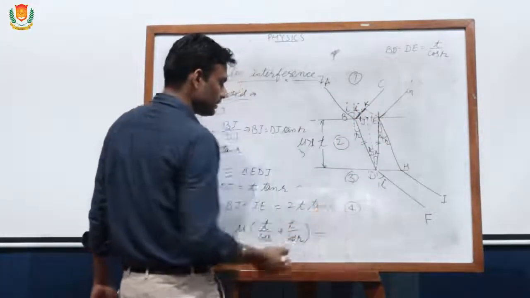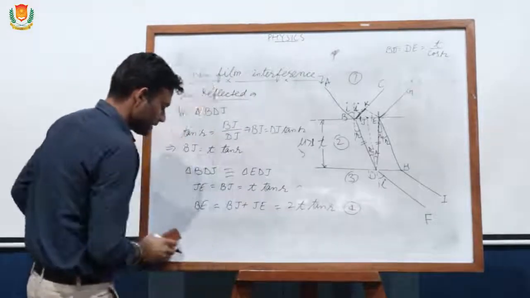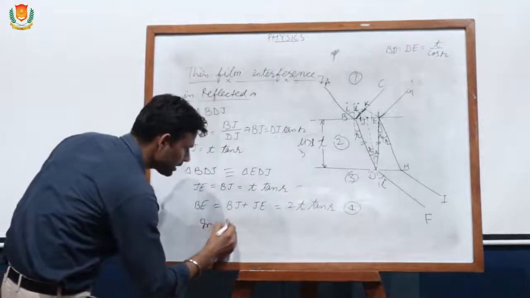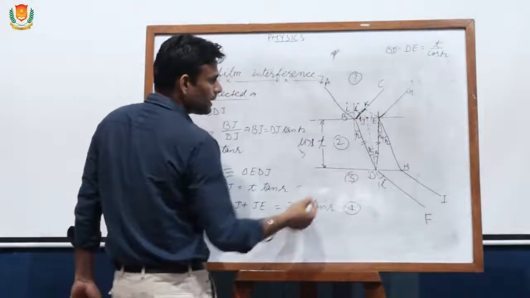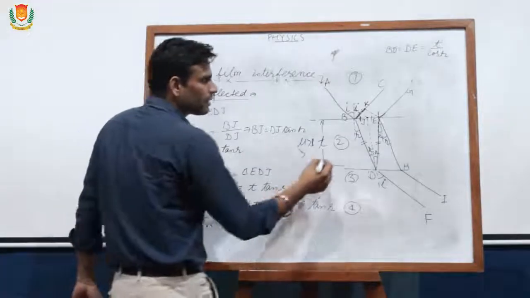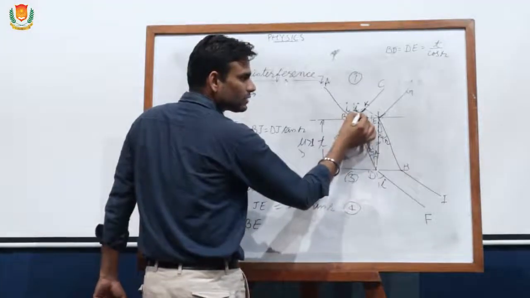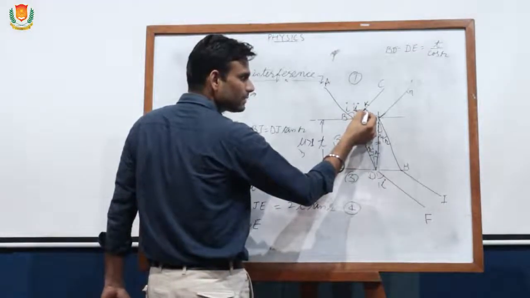So in this triangle, we will write here after some time. Now in triangle KBE, we know this angle is I, so the remaining angle will be 90 minus I, since this angle is 90 degree.